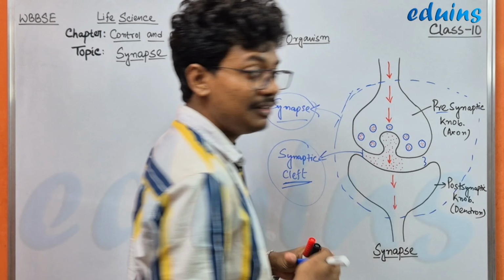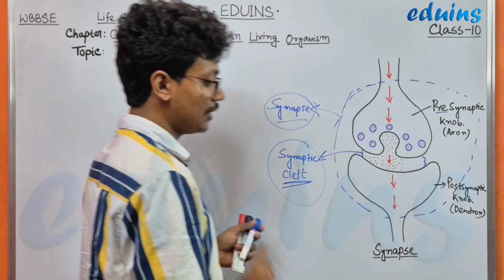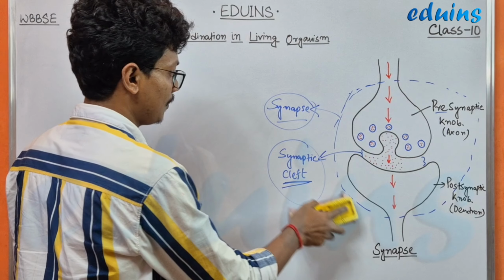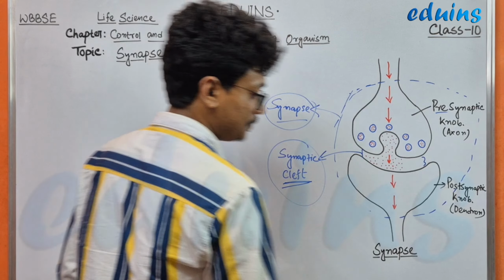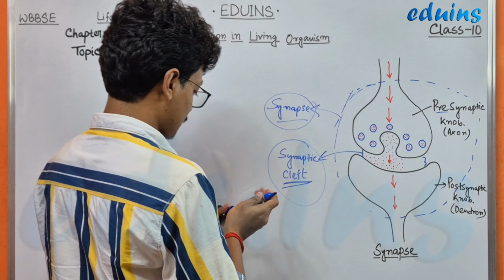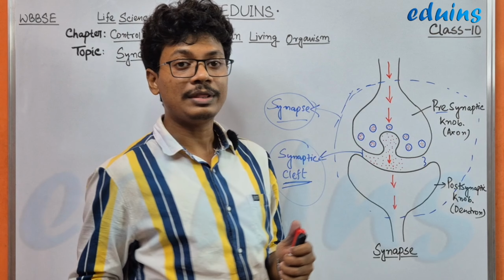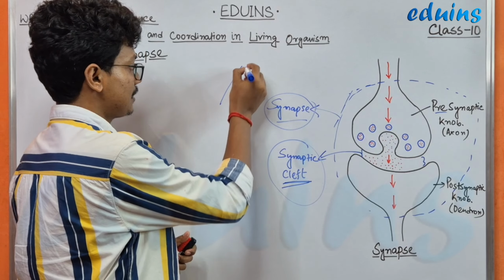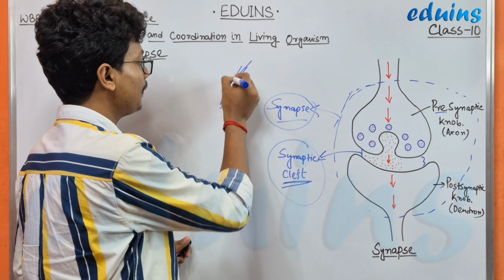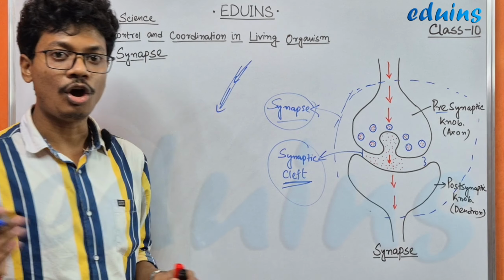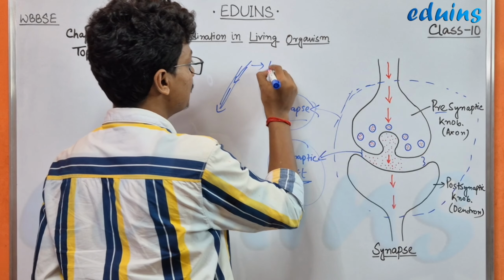Now, what is the function or importance of the synapse? We know that the impulse passing through the nerve cell or neuron is an electrical impulse.